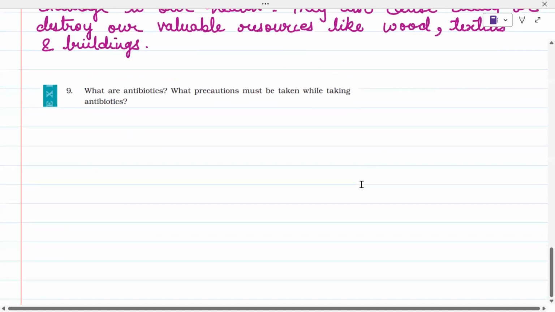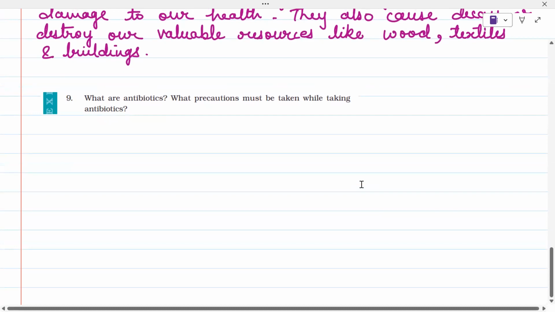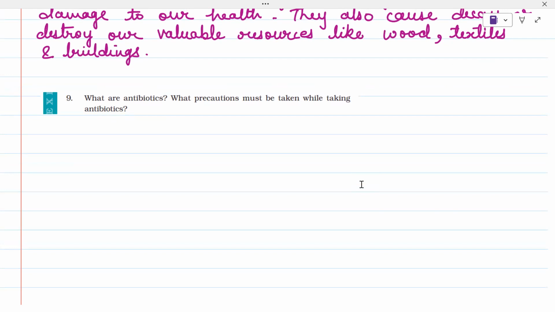Okay. Now, next question is, what are antibiotics? What precautions must be taken while taking antibiotics? So, we all know that antibiotics are the medicines which are used to kill, or you can say they are also used to stop the growth of disease causing microorganisms, right? So, whenever we have any disease which is caused by microorganisms, doctor prescribes us to take antibiotics.